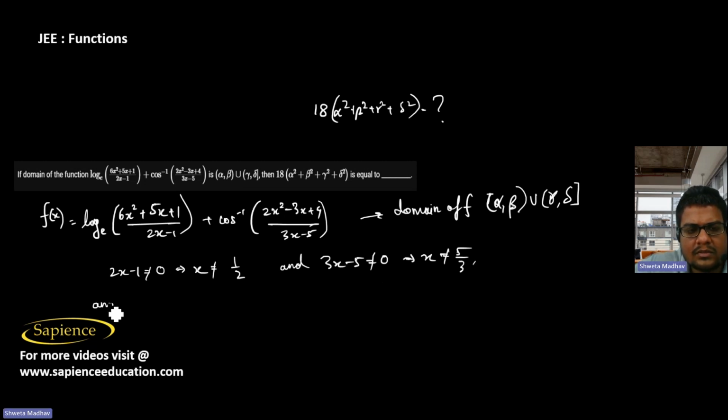And also this value is inside log. So it means that (6x square plus 5x plus 1) by (2x minus 1) should be greater than 0.